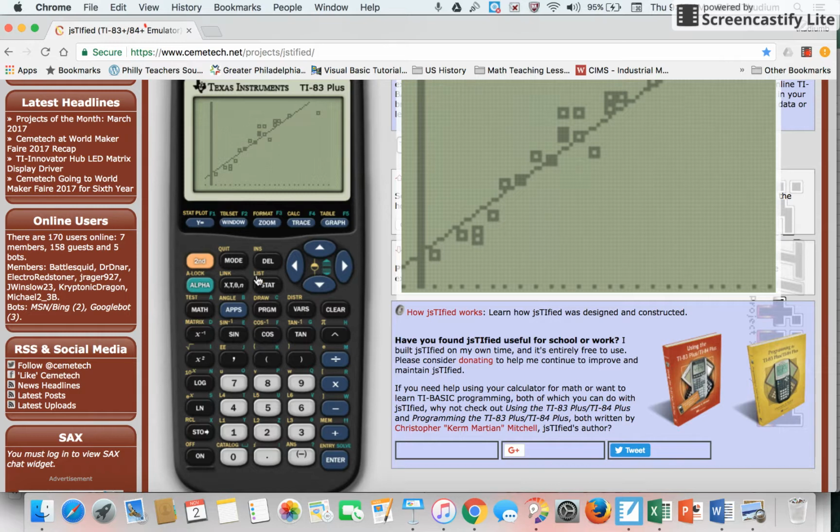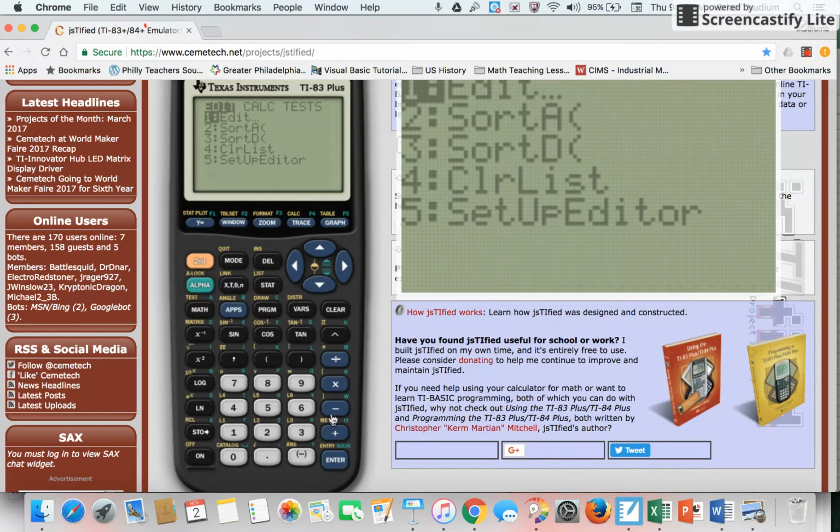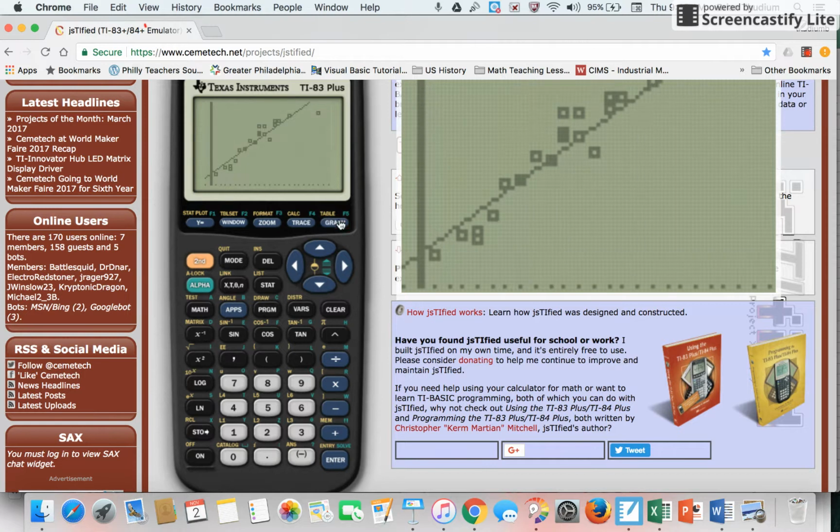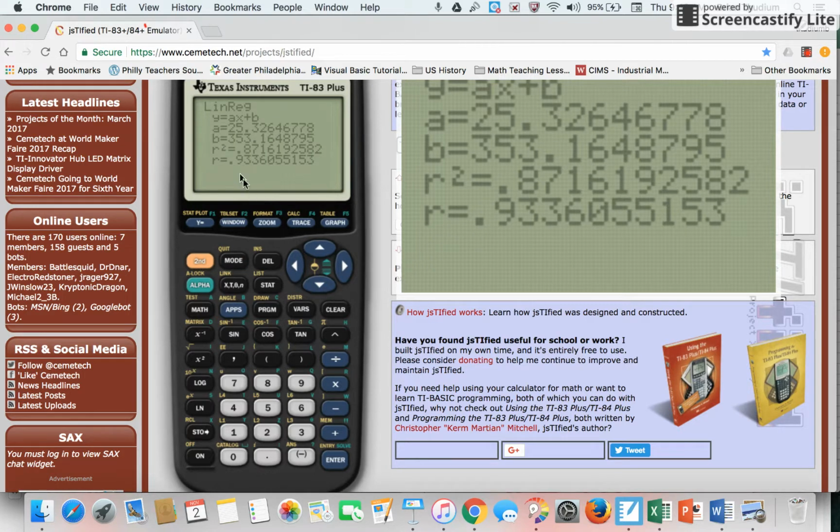So when we set up a scatter plot underneath the stat function, that gives us the ability to then graph it once you turn on your plot. And then after that, you can go back and do a regression.